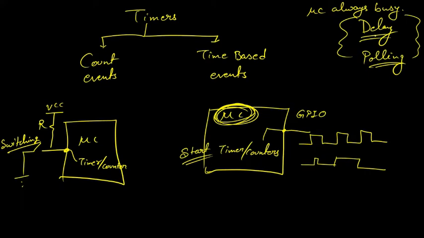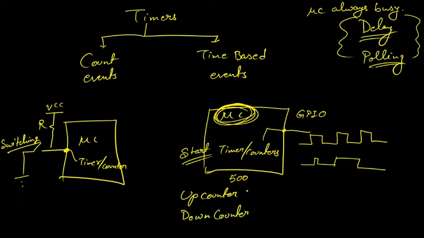Whatever the delay was doing, the timer will manage. At the end of the count, for example, suppose the microcontroller entered 500 in the timer and then said start. There can be multiple types of timers: one is called an up counter, and there can be a down counter.